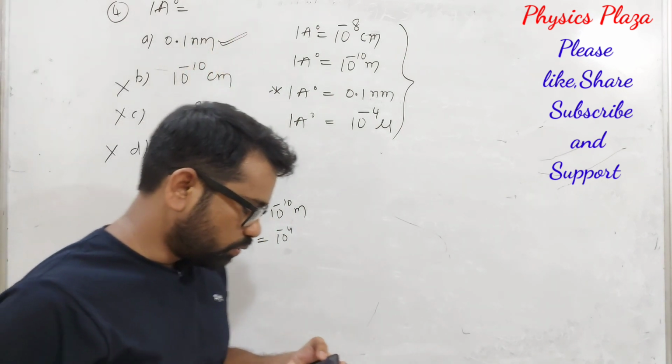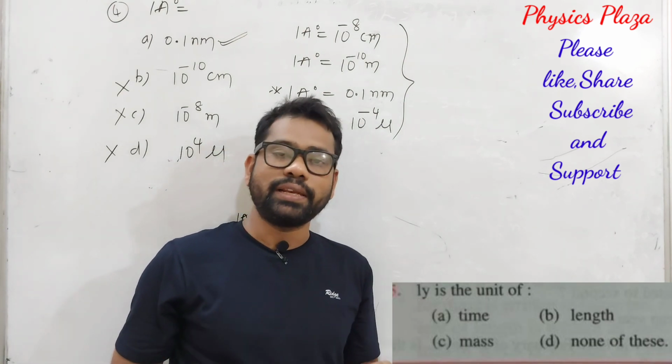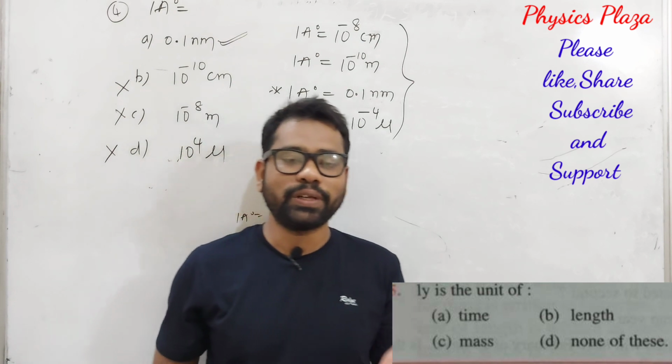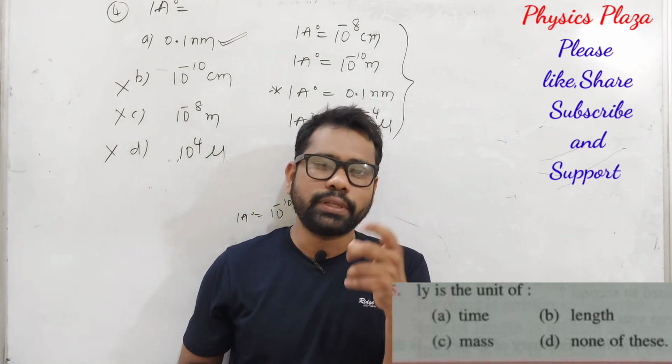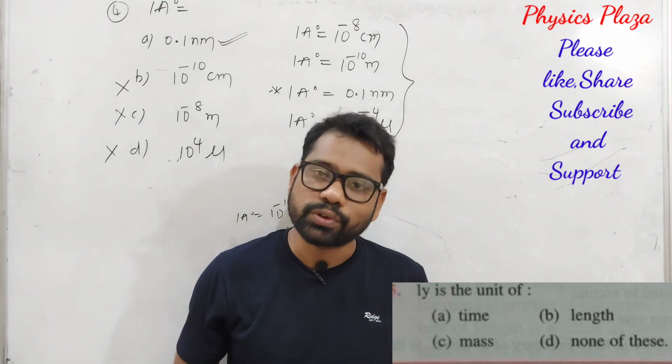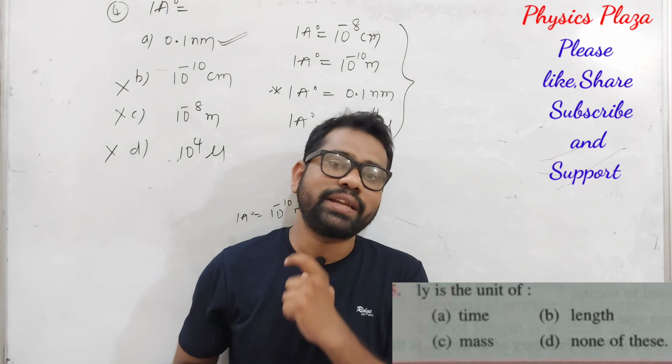Okay, fine. Now fifth one. Light year is a unit of. Again I am saying, children, by seeing the word year don't get confused that it is a unit of time. Of course year is a unit of time only, but they mentioned light year. First you should know what actually a light year is.